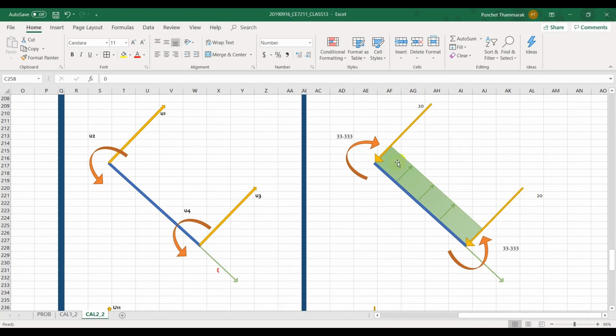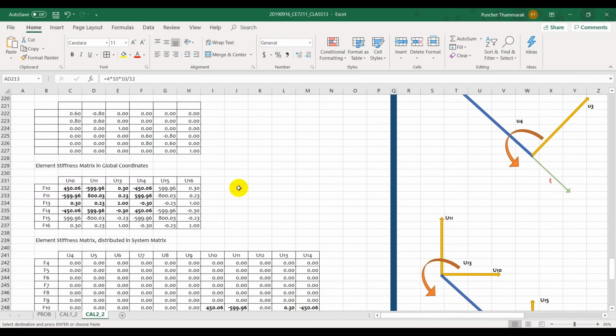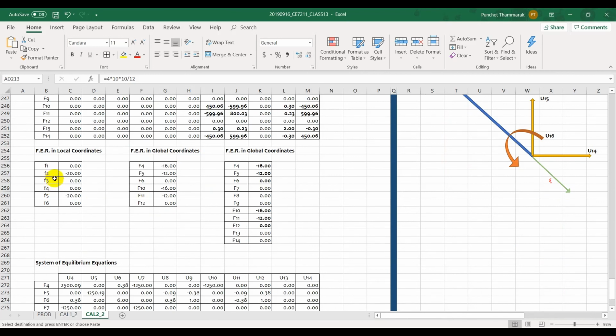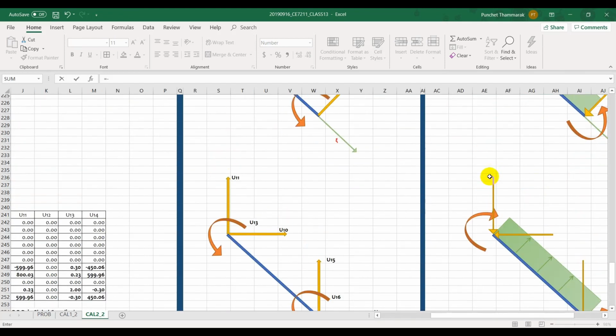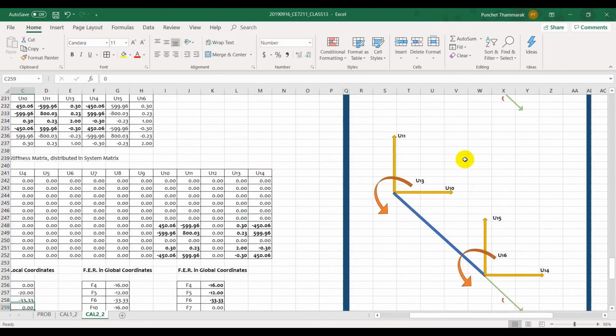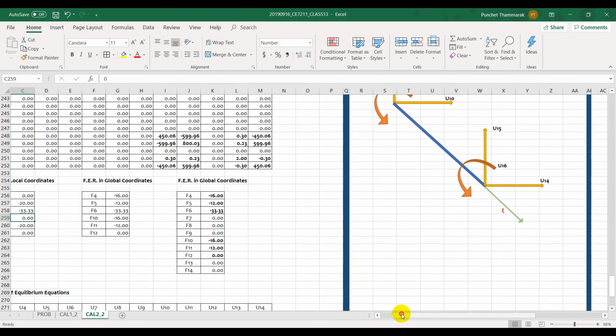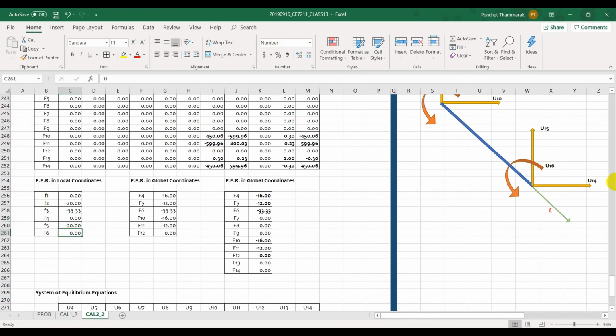Take care of the sign. This one, what is it? Clockwise, so it is minus. It is minus 33. And the other one is equal to minus of that. Alright.